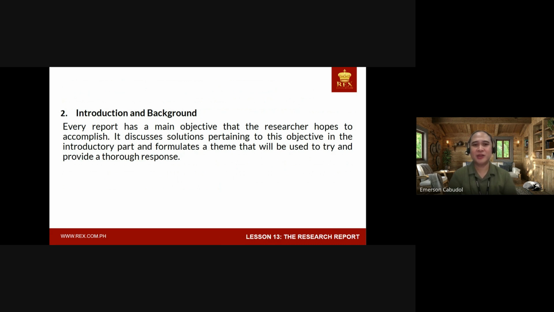Next, the contextual background. It offers relevant background information that situates the research problem within a broader context. This includes historical developments, existing literature, and any pertinent information that helps readers understand the significance of the study. The next part of the introduction or the background is the identification of the research gaps.